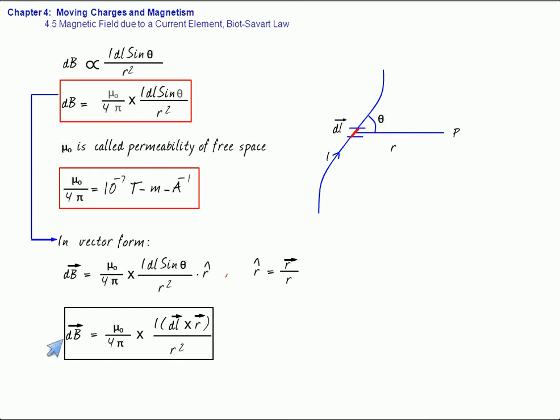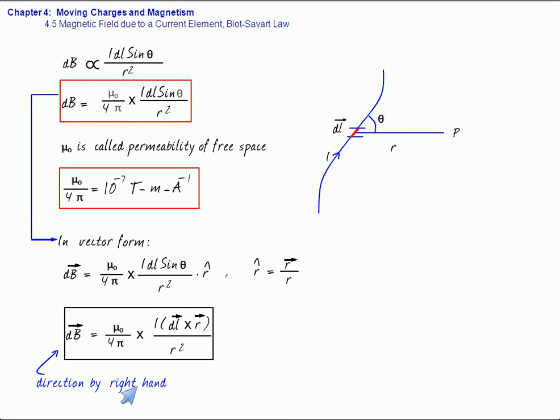So now you can understand how to find out the direction of magnetic field. In any expression, if there is some cross product of two vectors, then direction can be determined by using the right hand screw rule. So direction of magnetic field can be determined by right hand screw rule.